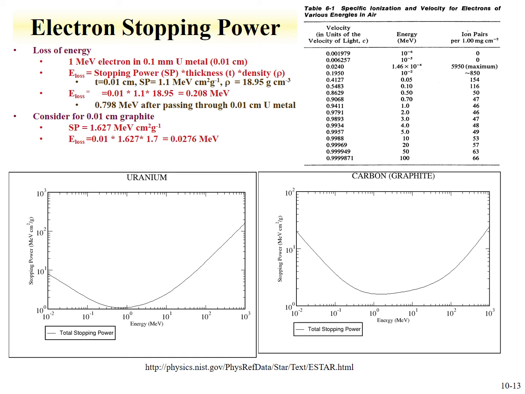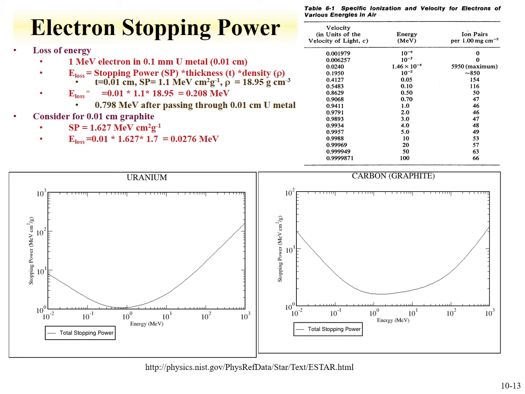And the stopping power for a 1 MeV electron in uranium is listed here as 1.1 MeV centimeter squared per gram. So we plug this into the equation. The energy loss is equal to 0.01 times 1.1 times 18.95, and that's equal to 0.208 MeV. So that's how much energy loss you have.